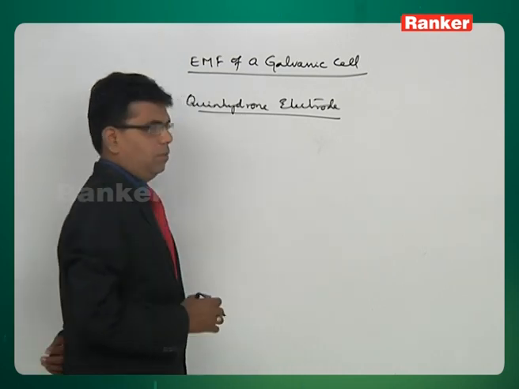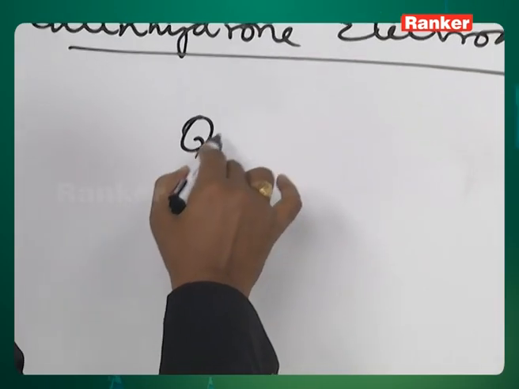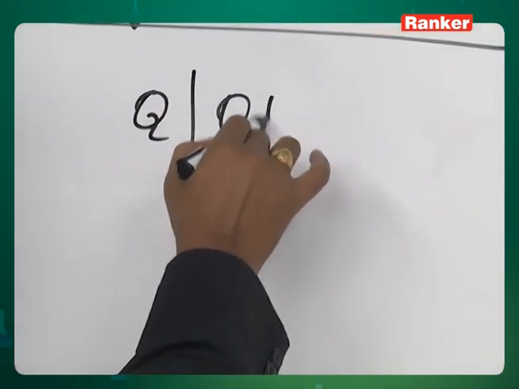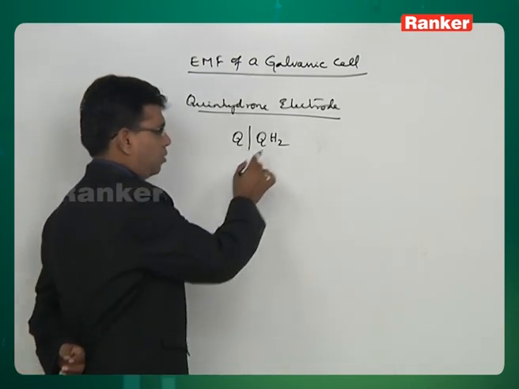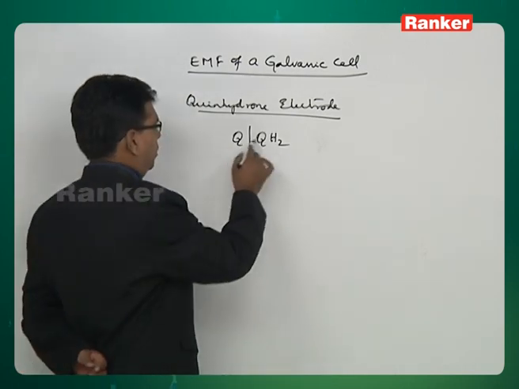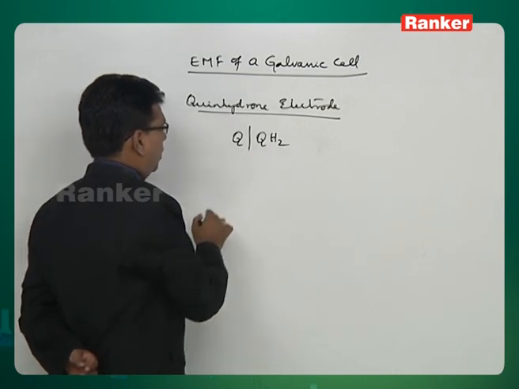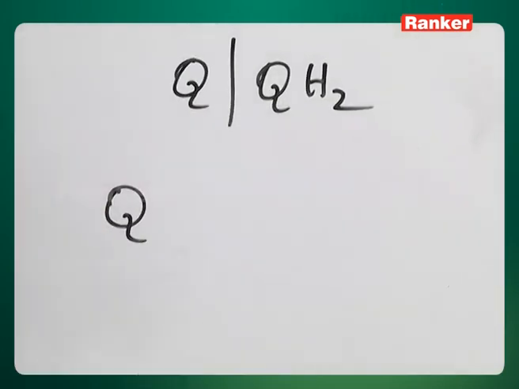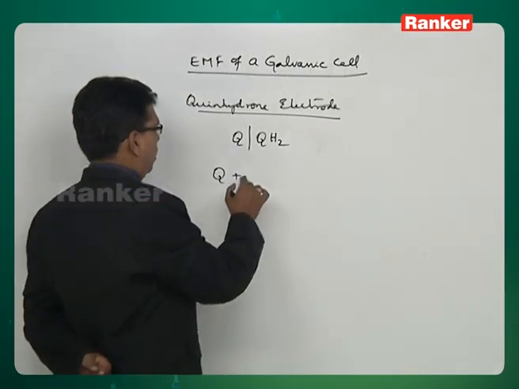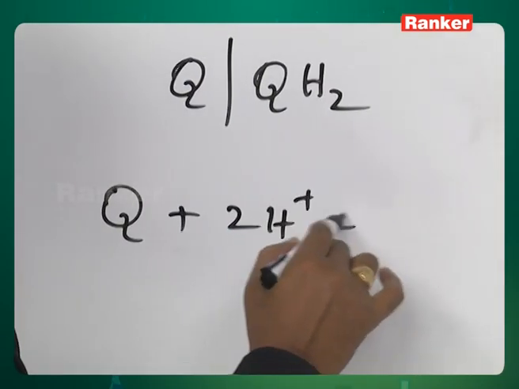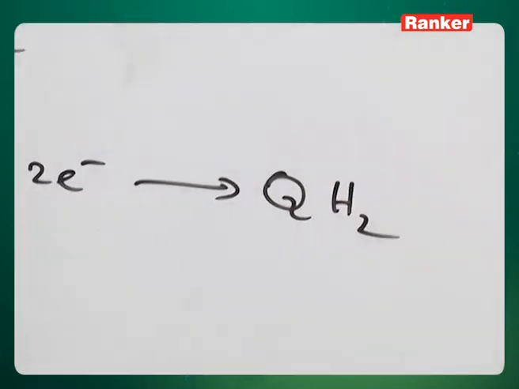The representation of the quinhydron electrode is like this. This is quinone and this is quinol. Here, the reaction is that quinone is reduced to quinol.